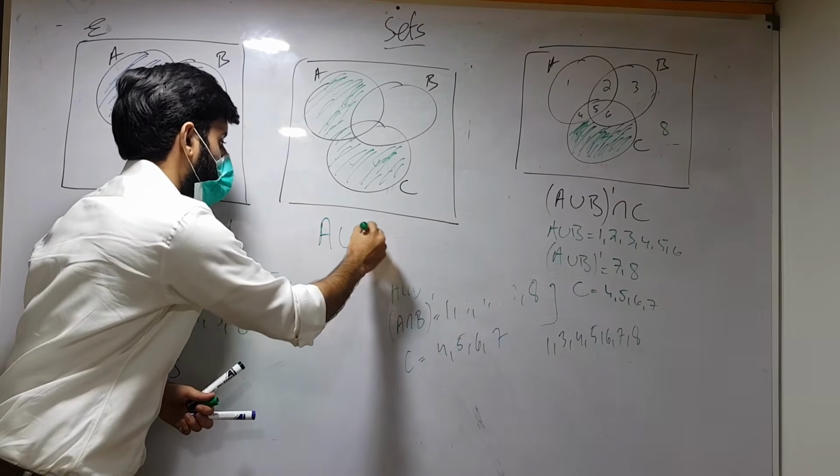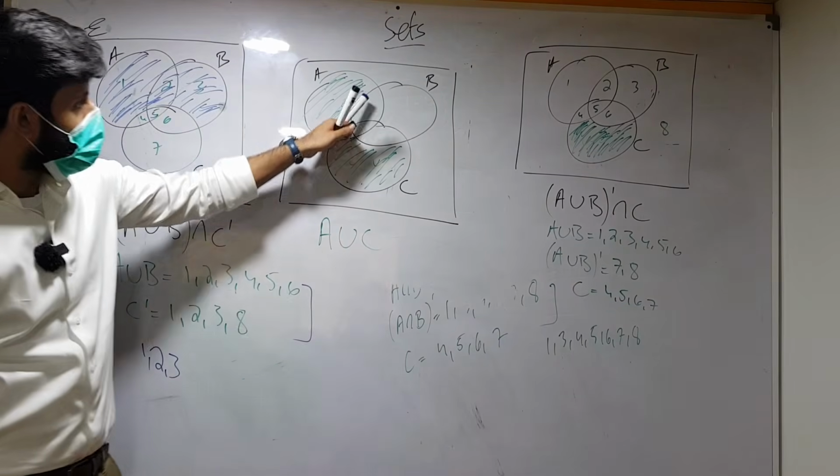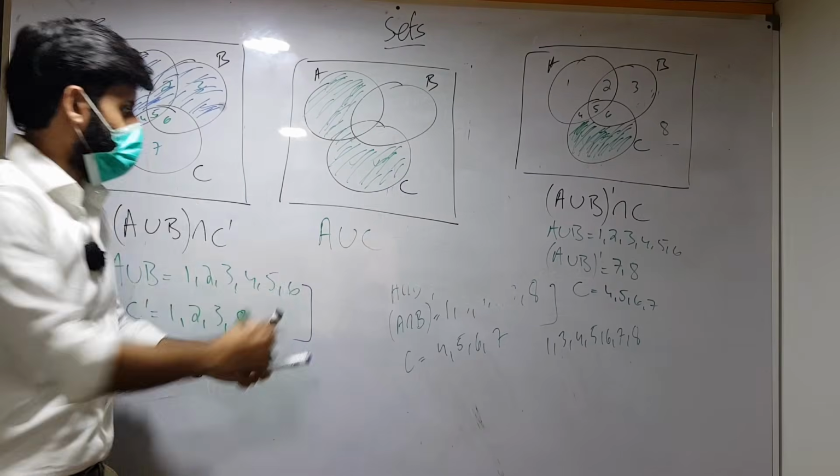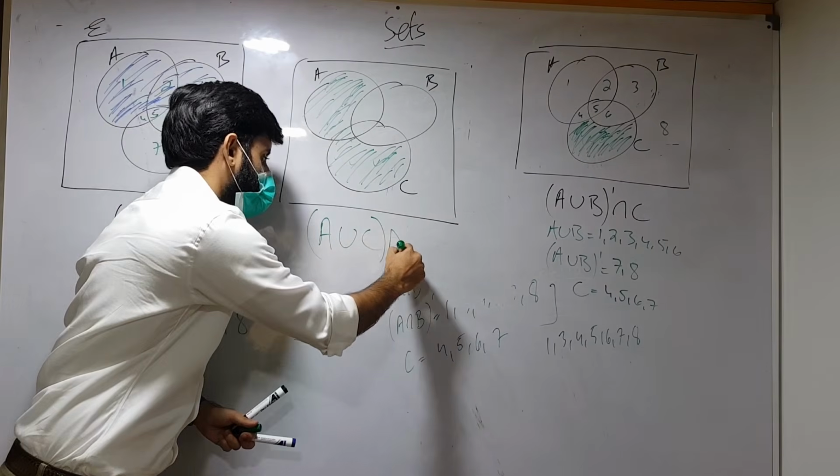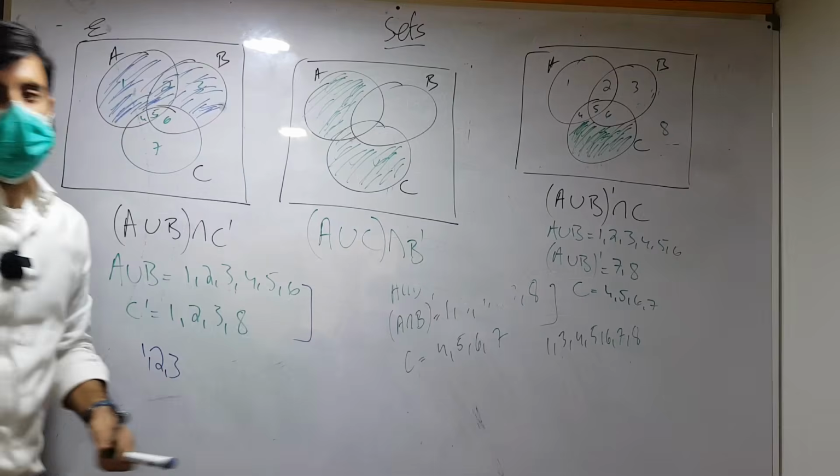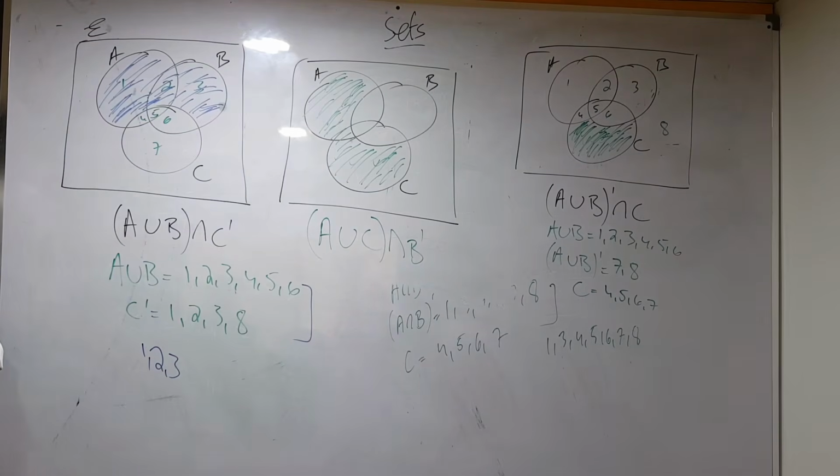A. What if it was A union C? तो ये रीजन भी शेड हो जाता. ठीक है. इंटरसेक्शन B complement. ठीक है.